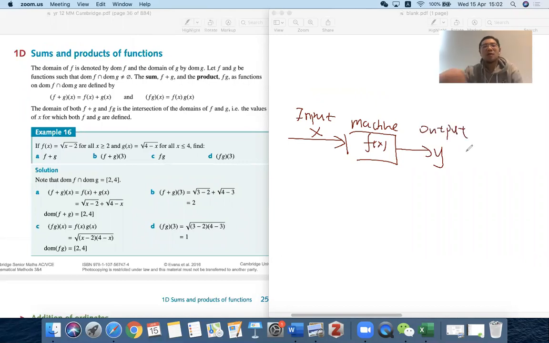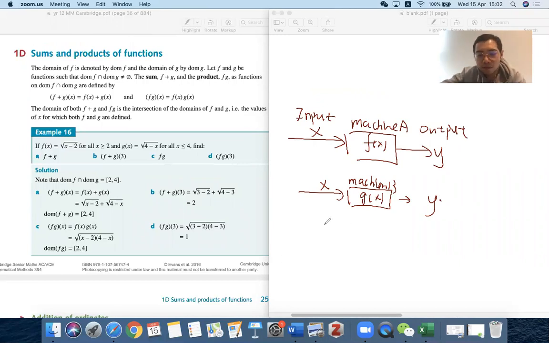Currently we want our function to do more jobs, so we might need to add functions together. Basically, there's another function, we call it maybe g(x). It's machine A, we make it machine B, and out comes y. So now we want to combine f(x) and g(x) in two ways.